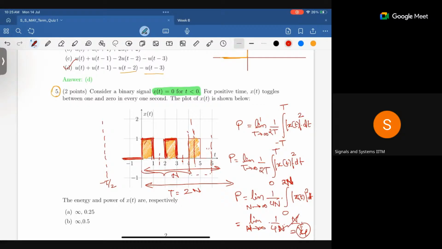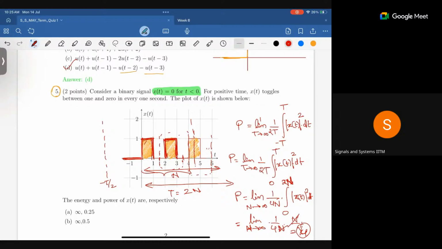Okay. So the idea is we can't use average energy in one time period, because there is no time period for this. There doesn't exist any capital T such that if I shift by that amount, I'll get back the same signal.